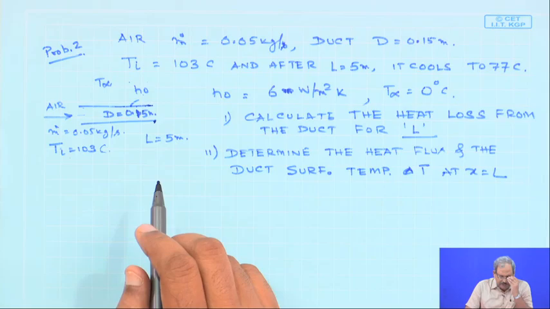And here we are assuming that the duct is of small thickness and high thermal conductivity. So, there is no conductive resistance. The temperature on the inside of the duct and the temperature on the outside of the duct are both equal. So, this is a very thin duct and therefore, no conduction resistance.